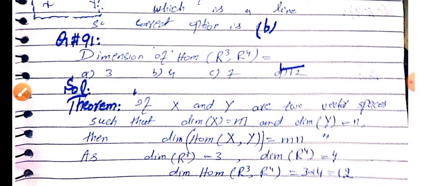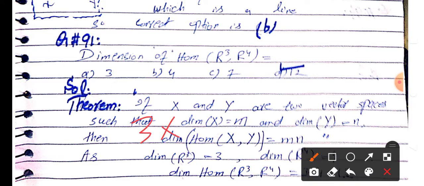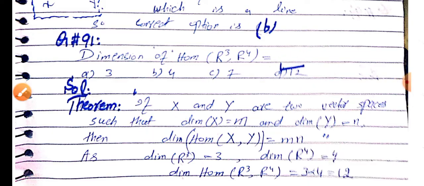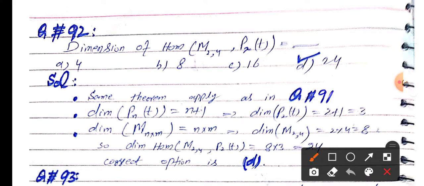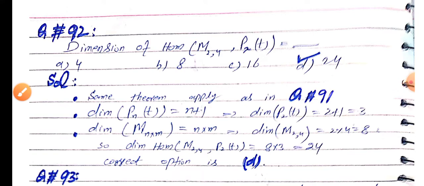91. Dimension of homomorphisms R3 to R4. We multiply 3 into 4, which is equal to 12. So 12 is the correct answer. 92. Dimension of the homomorphism, the order is 2 4 and P2 into T. So 24 is the correct answer.